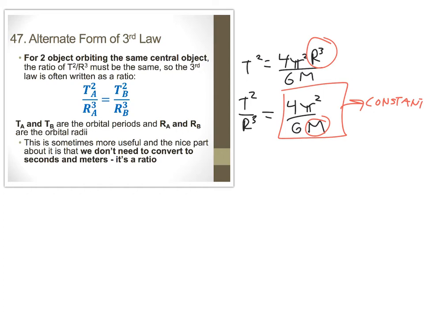The reason why this is useful is it tells us that this ratio of T squared over r cubed is going to be a constant for all objects orbiting the same thing. So if we're comparing two planets in our solar system both orbiting the Sun, that ratio would be the same. And that allows us to rewrite Kepler's third law.